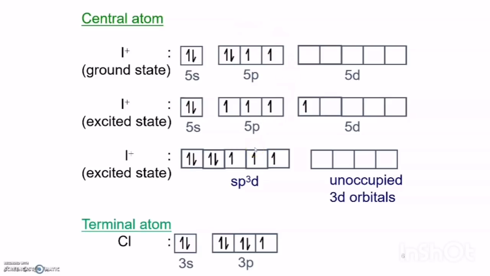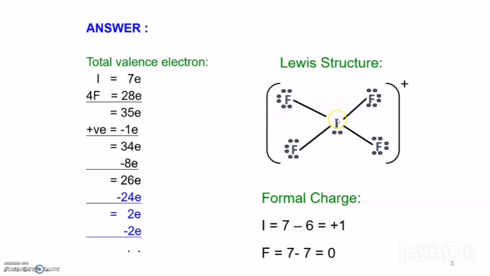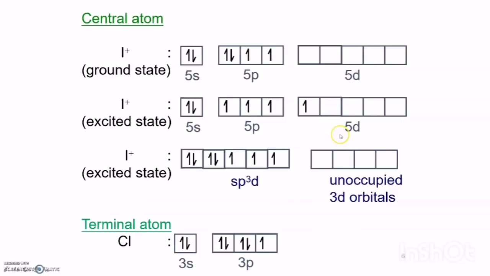Because if you study the Lewis structure, we have 1 lone pair and 4 single bonds, single, single, single, single, or sigma, sigma, sigma, sigma. So we only have 1 lone pair. To form the 4 sigma or single bonds, we need to excite 1 electron from the 5p orbital, jump 1 electron. So we have 1 lone pair, 4 single bonds, which means 4 sigma. Okay, 1, 2, 3, 4, 5.